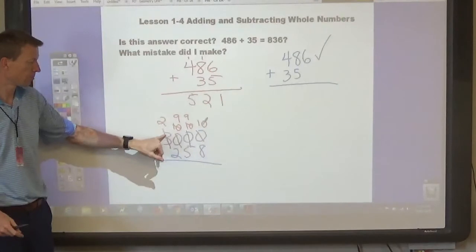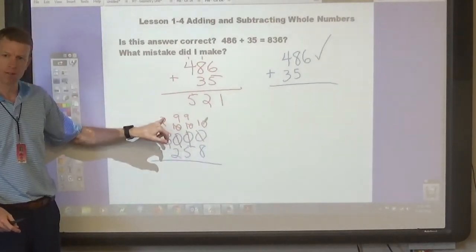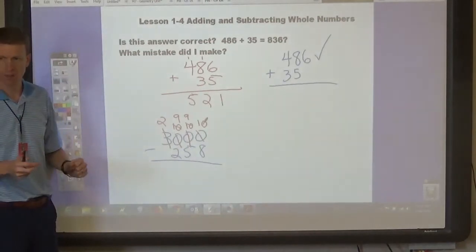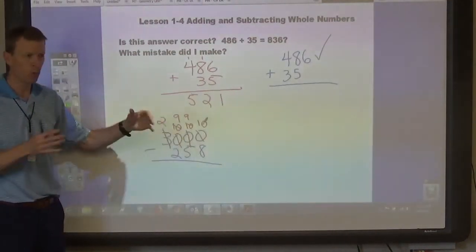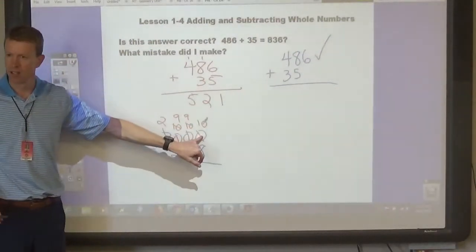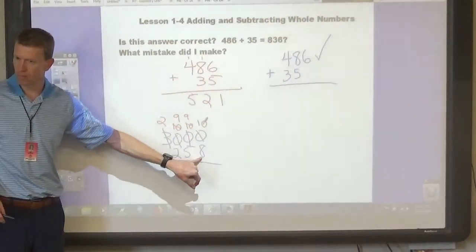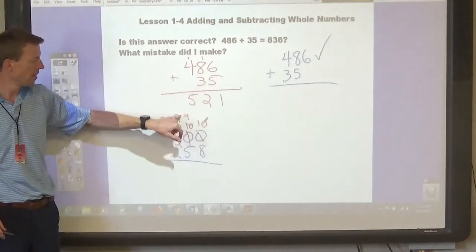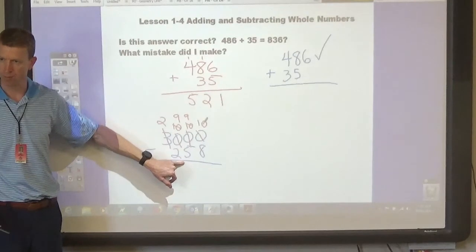So instead of having 3,000 groups of 1,000, we took one of them and redistributed it to the other places so that we would have some ones to subtract from, and some tens to subtract from, and some hundreds to subtract from.